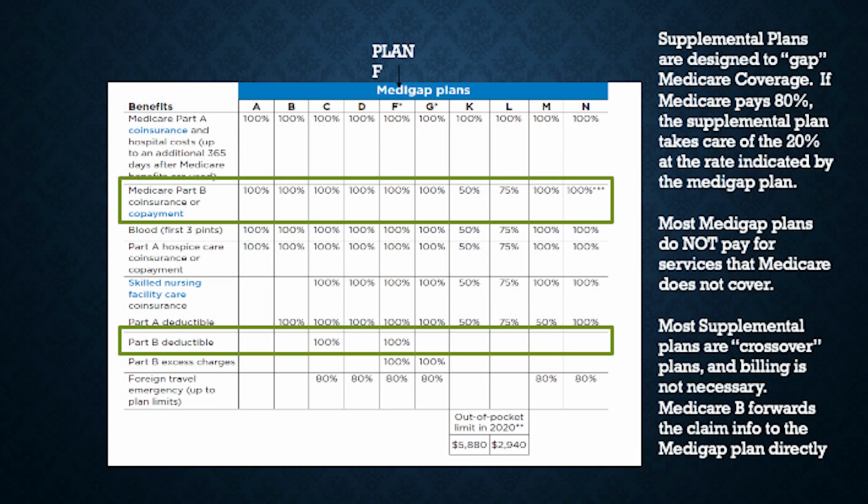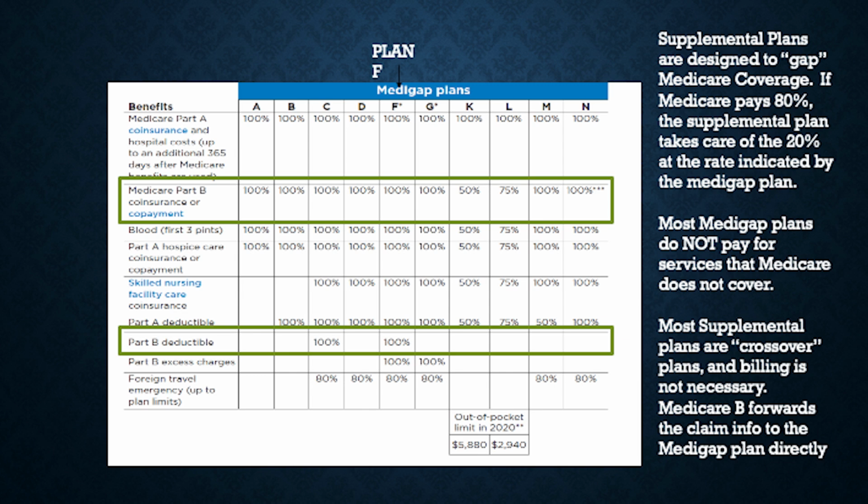But if Medicare does not pay for it, or it's not covered by Medicare, the Medigap will not cover it either. Okay? Very, very simple, very, very straightforward. All right? So this is a chart that is actually in the Medicare and You booklet that the Medicare patients get.